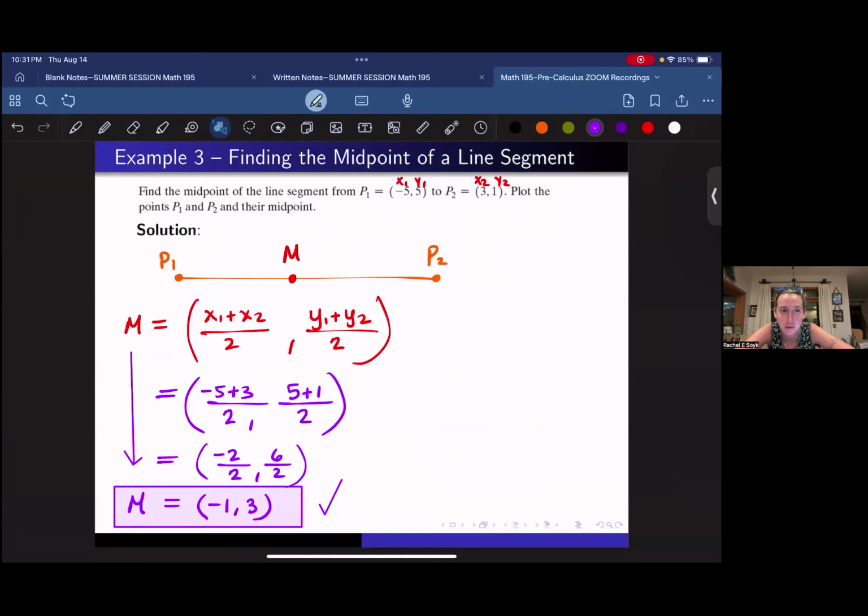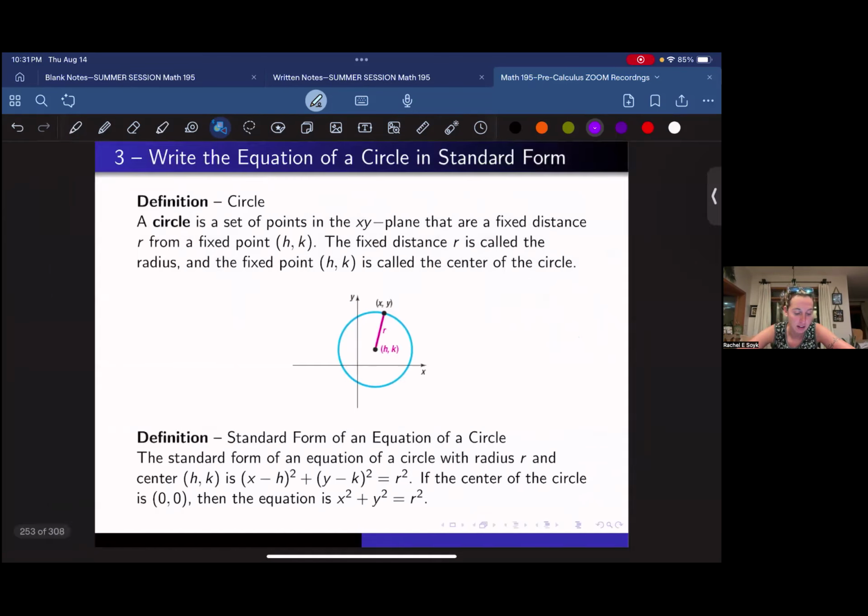All right, let's move on to our objective 3, which is writing equations of circles in standard form. So what is a circle?